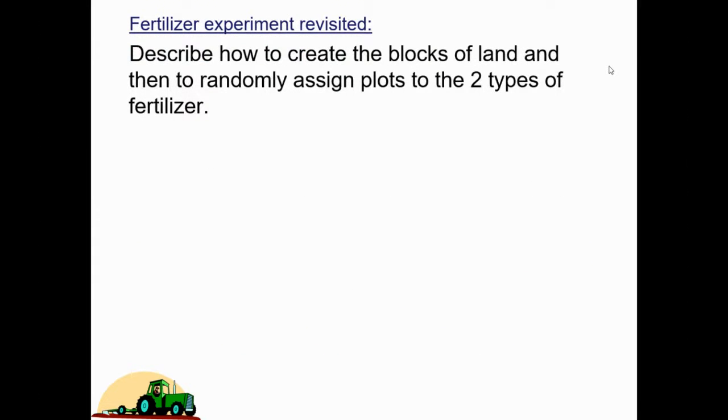Okay, so now we've got to design the experiment again. So describe how to create the blocks of land and then randomly assign plots to the 2 types of fertilizer.